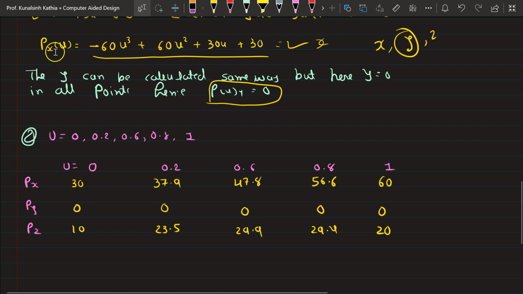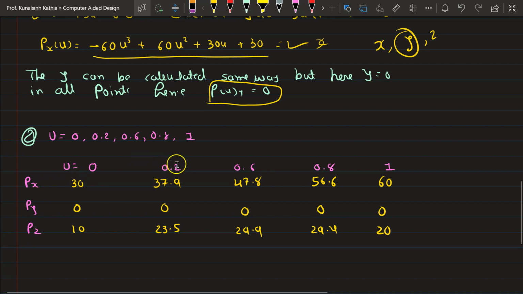So for this px of u, I will replace u is equal to 0. So if I replace u is equal to 0, here 0 and here 0, the last term is not a u, so it will not be 0, right? So this term will be 0, this will be 0, left what? 30. So I am writing a 30.